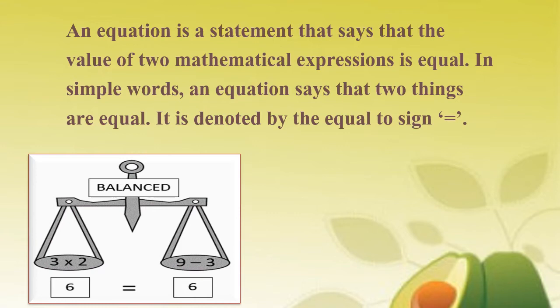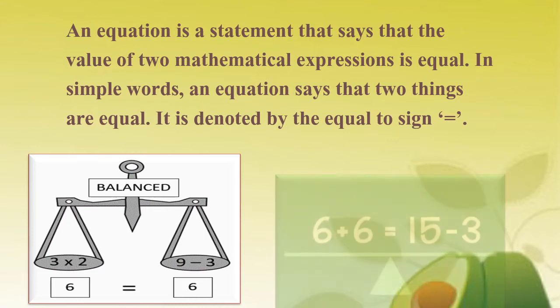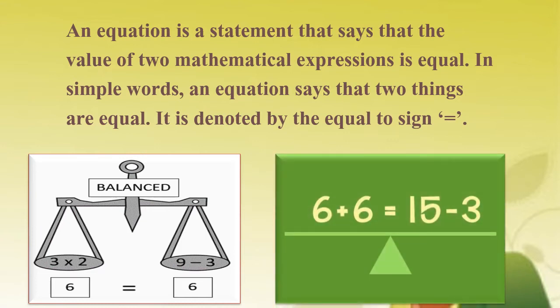So 3 into 2 equal to 9 minus 3, this is an equation. 6 plus 6 is equal to 15 minus 3, this is an equation. Here we are using numbers and signs of different operations, but the value of these two mathematical expressions is equal, right? This is called an equation.